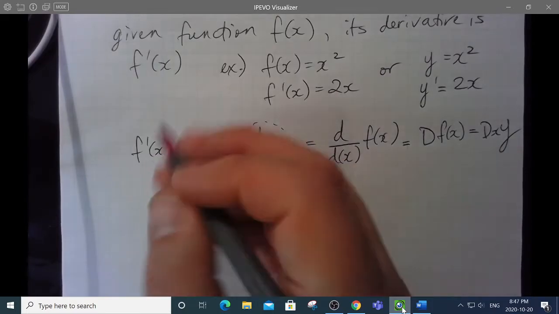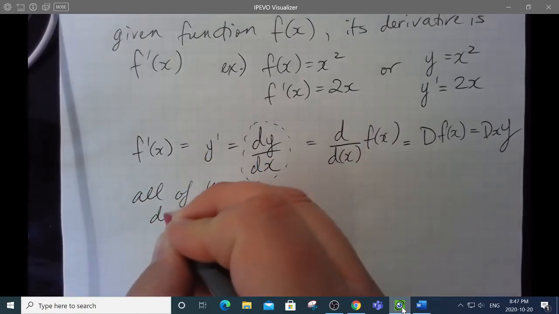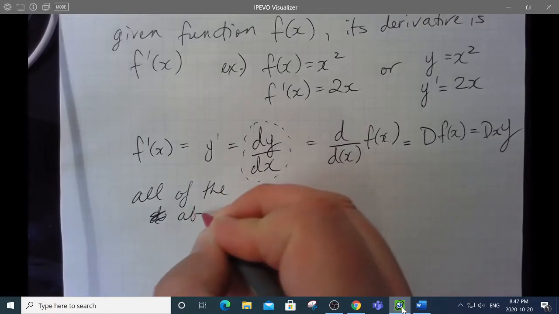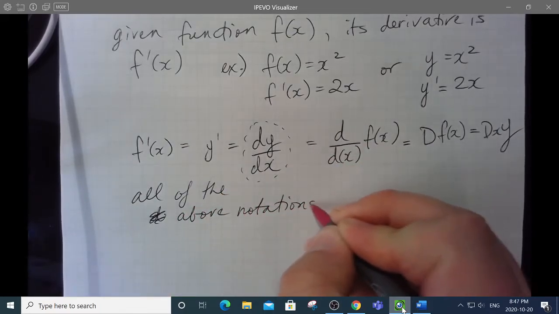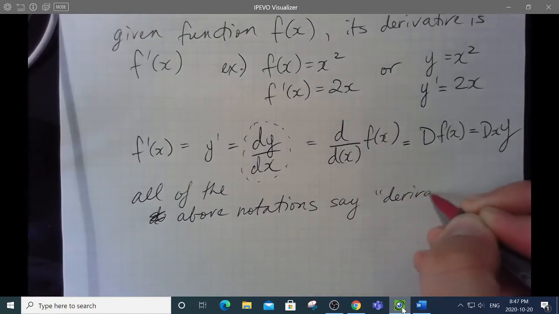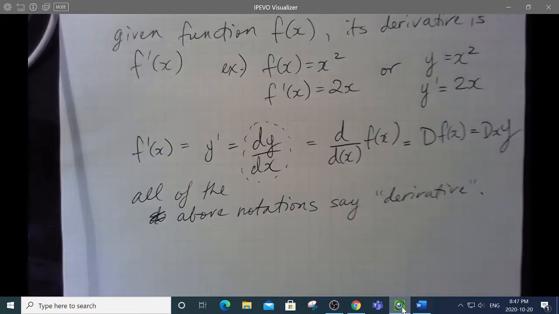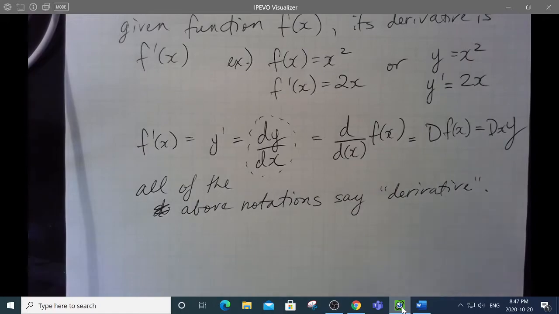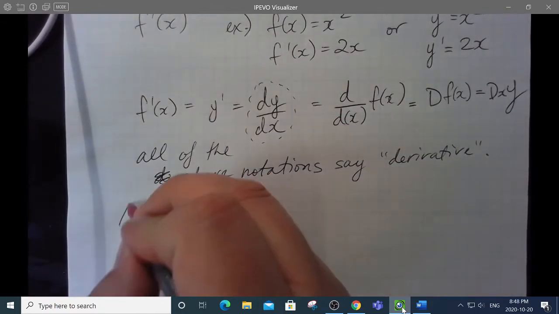So basically, all of the above notations say derivative. And what if you were doing a derivative? Well, new definition for you.